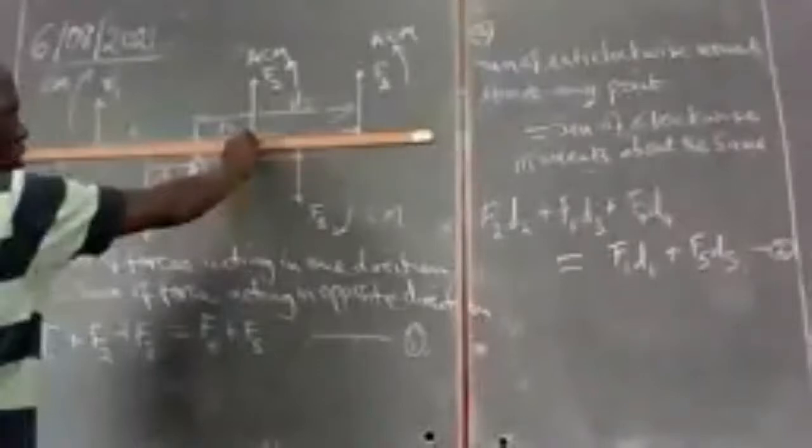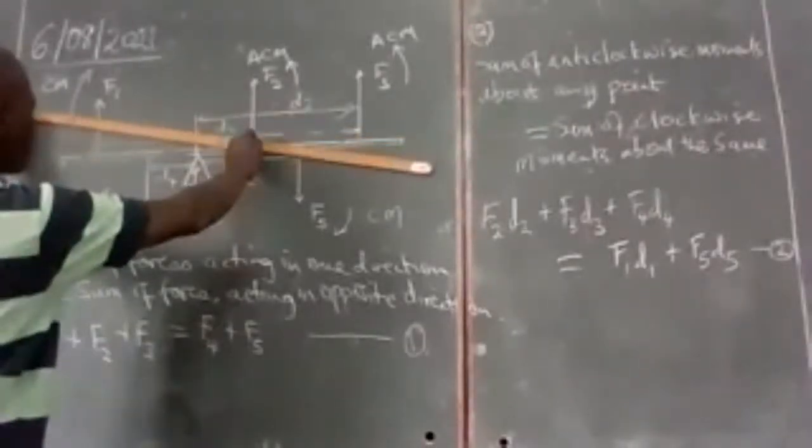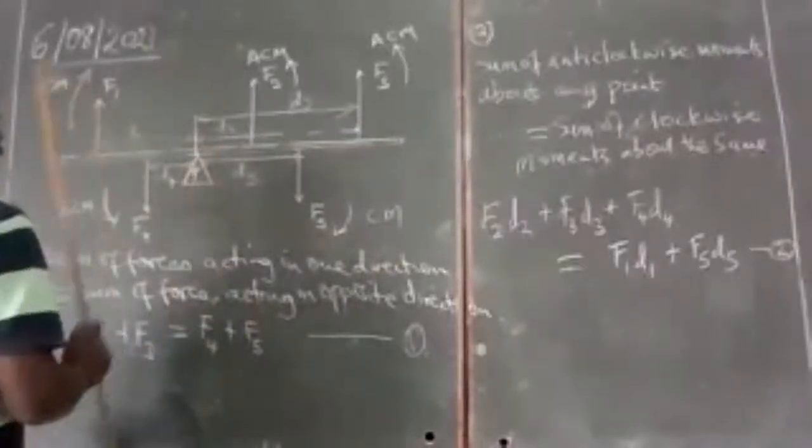Upwards. So it will cause that turning. And what is the direction of that turning? In what direction is the ruler turning? Yeah, it's clockwise. So that's how we determine whether a moment is clockwise or anti-clockwise.